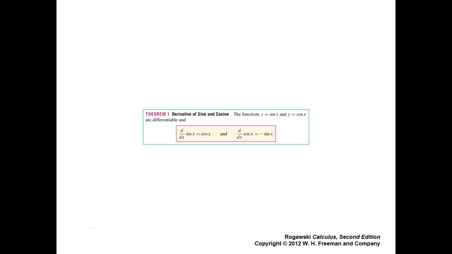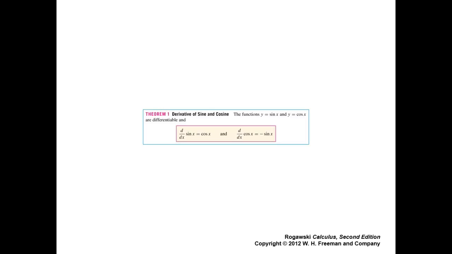We can use rules developed so far to differentiate functions involving powers of x, but we cannot yet handle trigonometric functions. What is missing are the formulas for the derivatives of sine and cosine. Fortunately, their derivatives are simple. Each is the derivative of the other up to a sign.